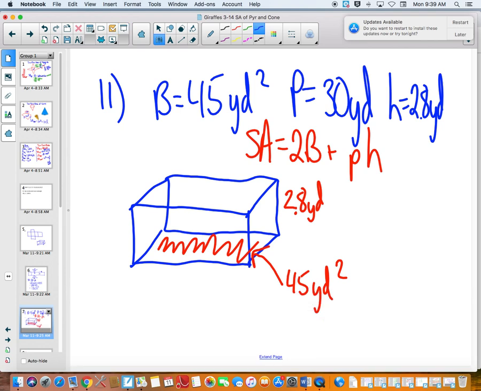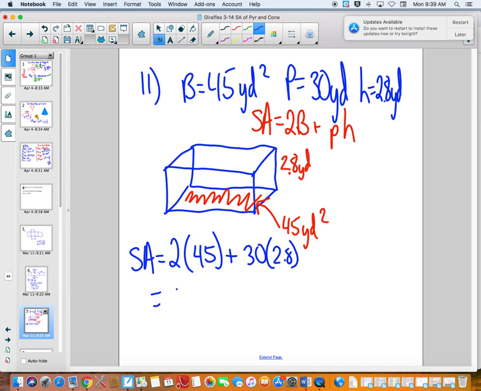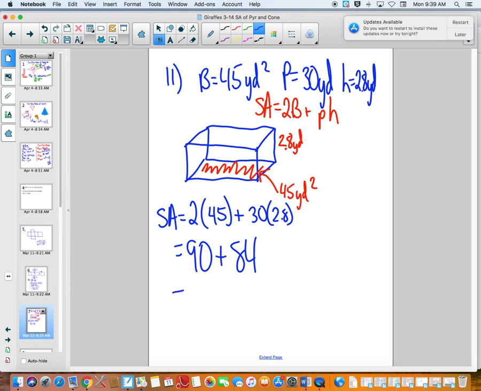From there, I would do 2 times 45 plus 30 times 2.8. So I get 90 plus 84. So our answer for question 11 should be 174 yards squared.